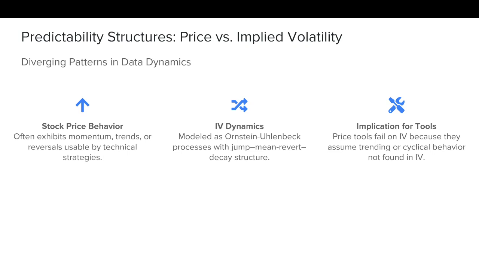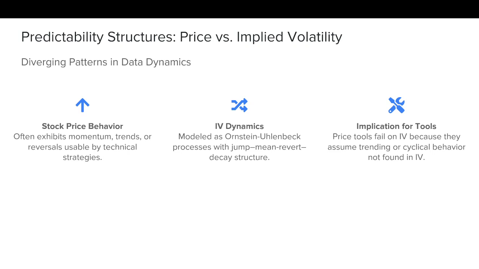So understanding the predictability structure of market data is key to successful modeling and forecasting. Stock price data is known for displaying identifiable patterns such as momentum, trend formation, and reversal tendencies, which serve as a basis for many technical strategies. In contrast, IV behaves differently.